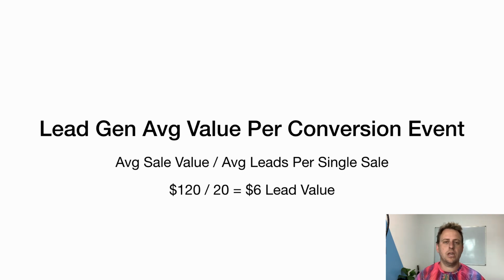So if we're selling something for $120 and we know that it takes us 20 leads to produce one sale, so 20 people have to take our conversion event to produce one sale, then we can say that our lead value, the value of each lead, is $6 as a break-even scenario.